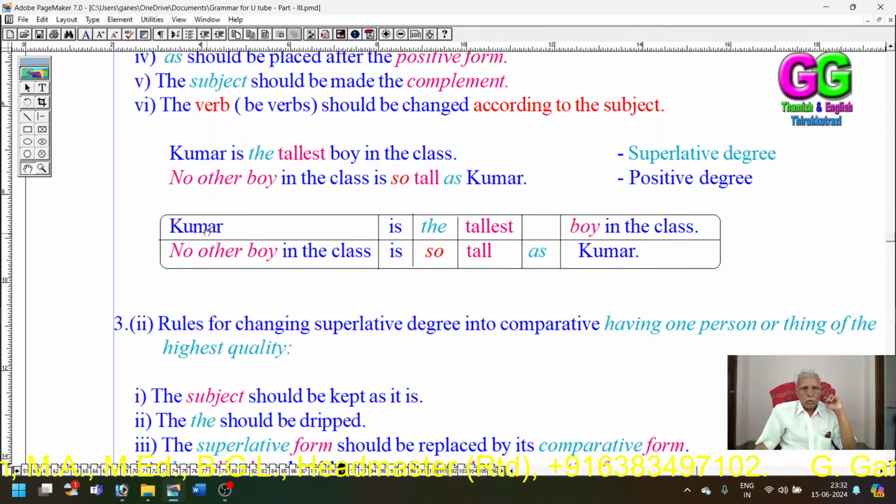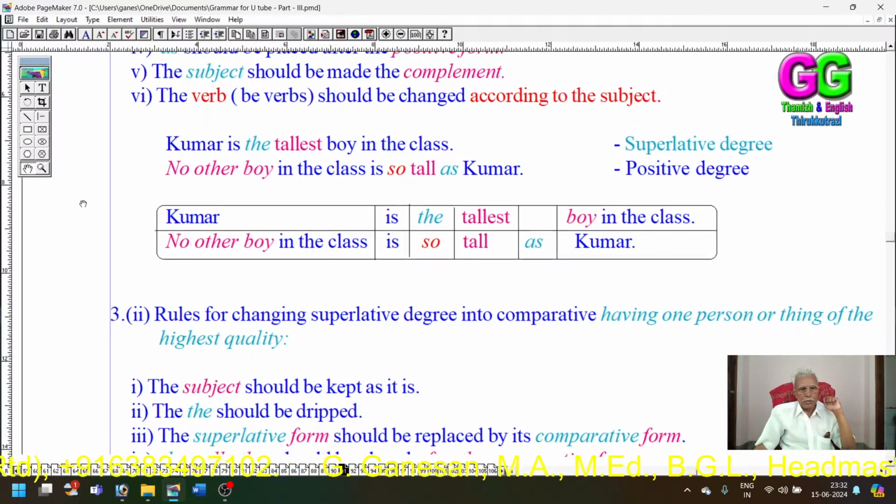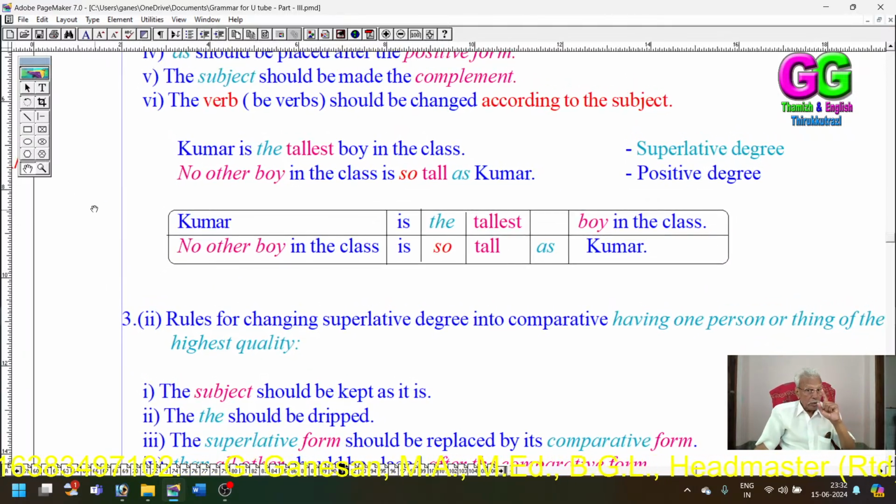You see, Kumar is the tallest boy in the class, superlative degree. So we have to change it into positive. I already told you when comparative or superlative are interchanged, there will be no change in the subject and verb. But when comparative or superlative is changed into positive, the subject and complements should be changed.